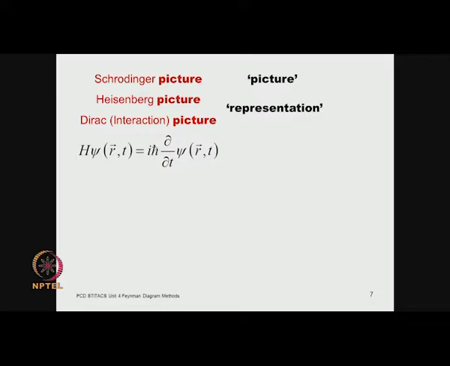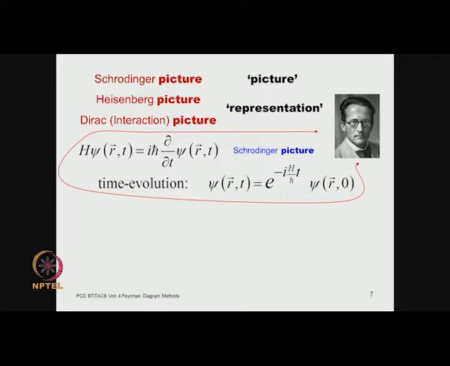So, let us begin with the Schrodinger equation, H psi equal to i h cross times the time derivative of the wave function. What the Schrodinger equation does is to give you the time evolution of the system, and the time evolution operator tells you how the wave function evolves from an initial time 0 to a later time t, and the evolution is through this time evolution operator which includes the Hamiltonian, right.